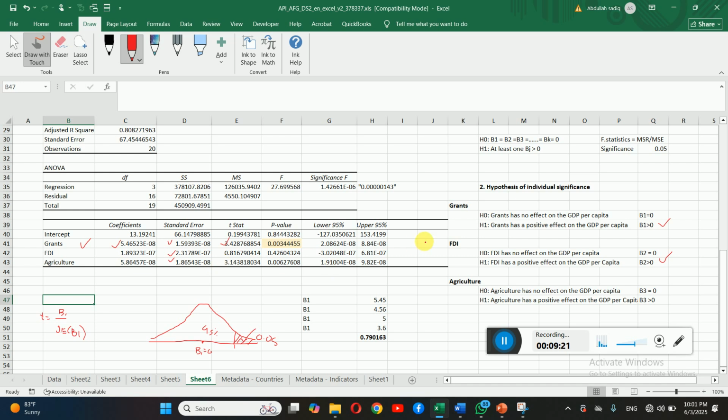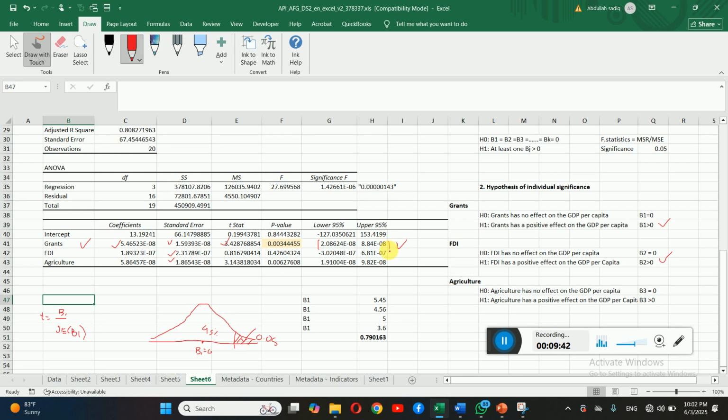Okay, finally, students, we have the confidence interval here. We have already explained the idea of the confidence interval. In the confidence interval, we have the lower value and the upper value. So this is the confidence interval for the coefficient of grant: this is the lower value and this is the upper value.